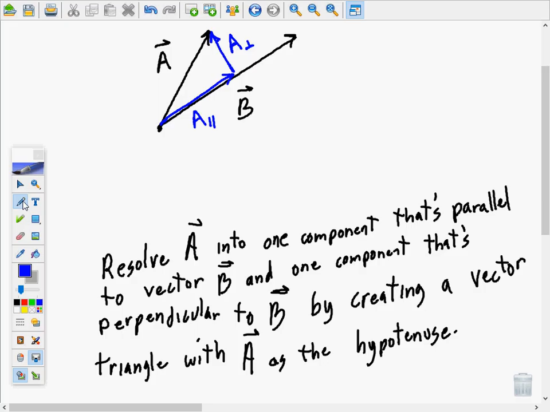So now, what is A dot B? It's the component of A that's parallel with B times the whole shebang, the magnitude of B. It's as simple as that.